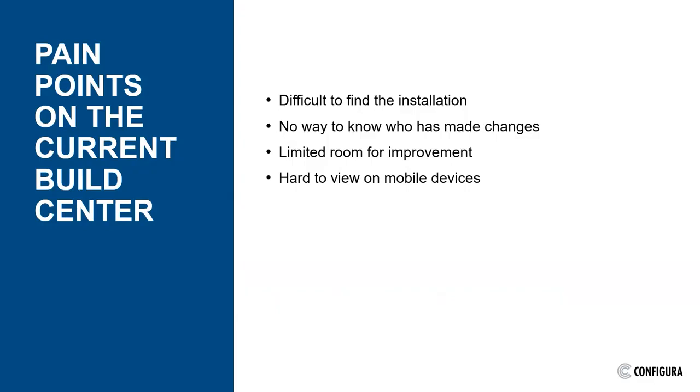I know this occurs mostly for Configura developers, but it can happen to really any developer that has access to a lot of build boxes, a lot of installations. There can be a really long list, and there's not really any built-in way to search or filter on them. There's also no history to be tracked. Anytime any kind of change is made, it happens, and then good luck figuring out how that happened.